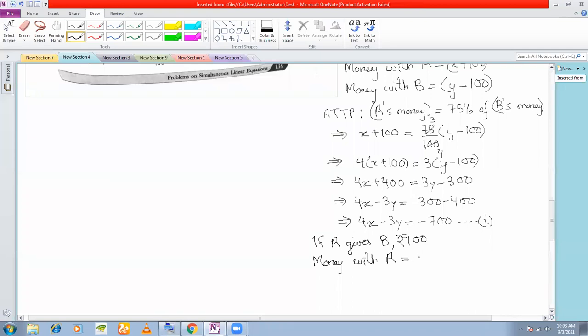A initially had X, right? Now he's giving B 100 rupees. So he has X minus 100 left. And money with B: B initially had Y. He's getting rupees 100 from A. So he now gets Y plus 100, right?